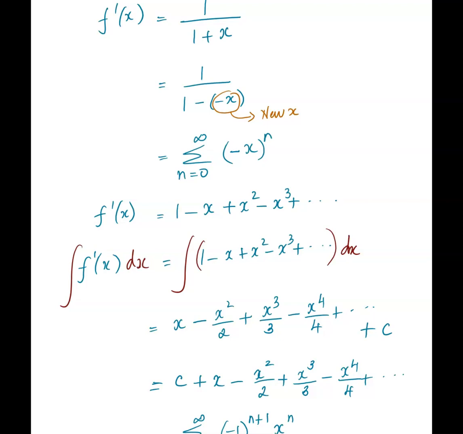We were given a power series and we used that to construct a function. In both cases, we mostly relied on this 1 over 1 minus x condition, which was the summation of x power n.